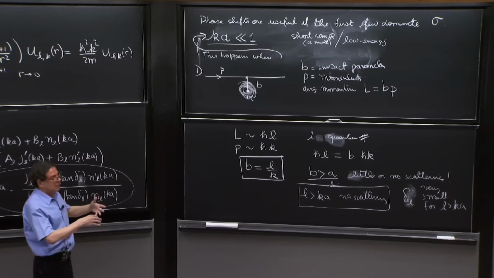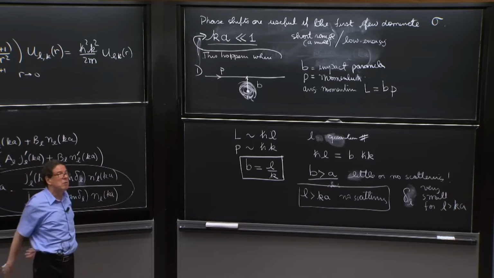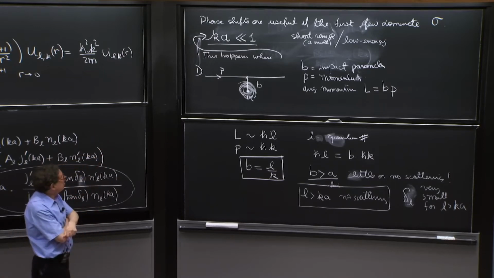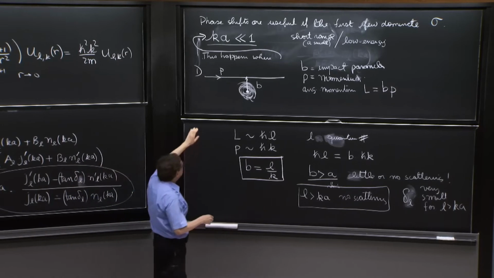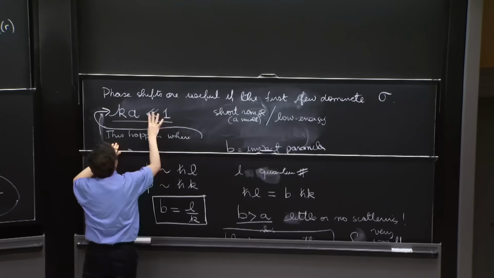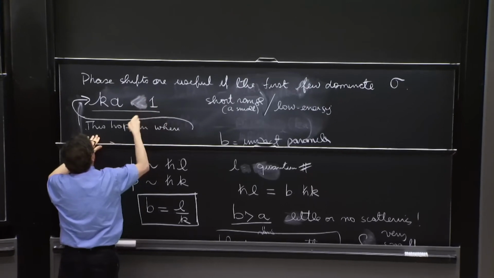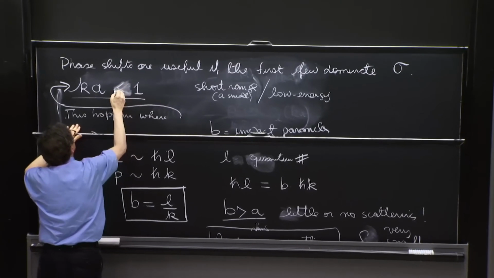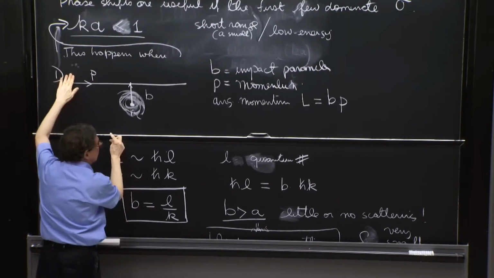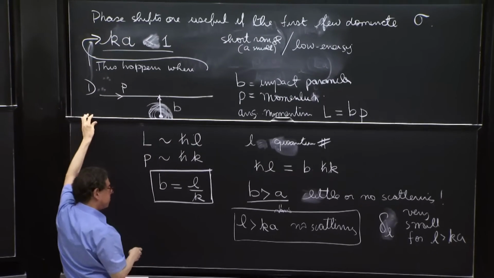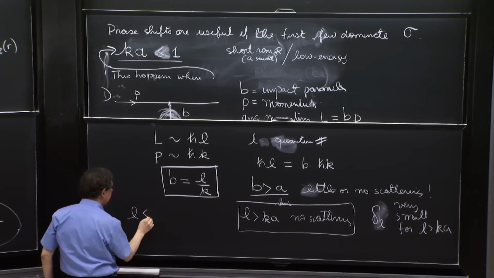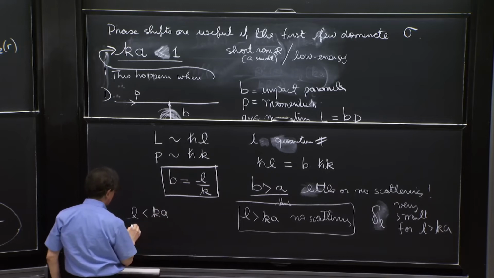If ka is 1 or 2, it's a thing. So I think I would write here that you don't have to be very small, but around 1, very few will contribute. Or essentially, you could say that all the L's, L less than ka, contribute.